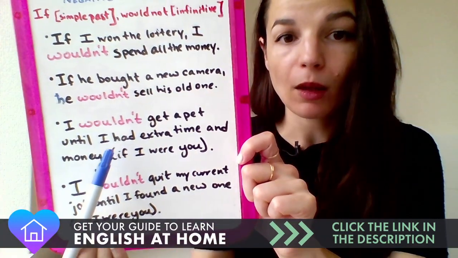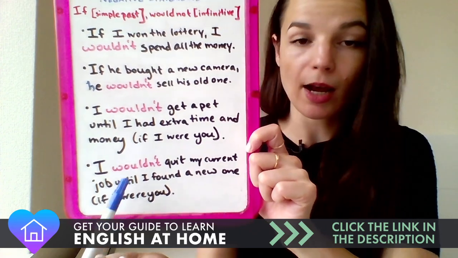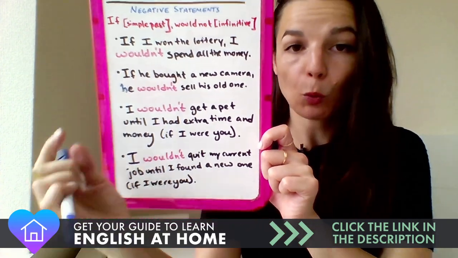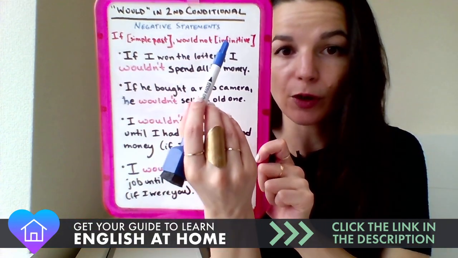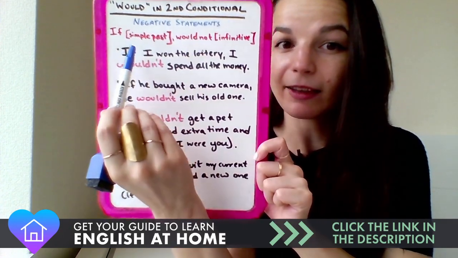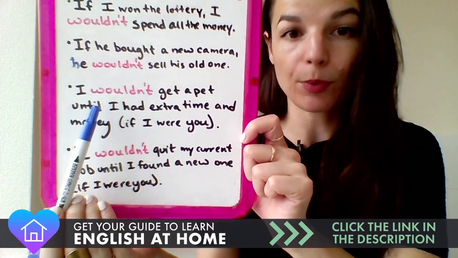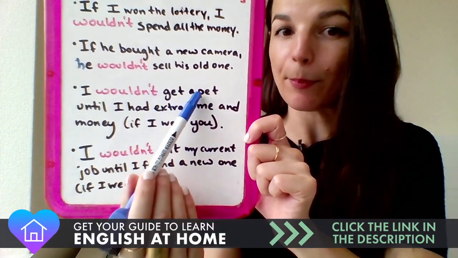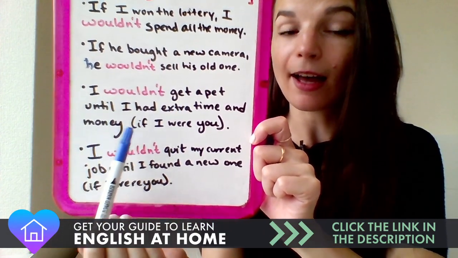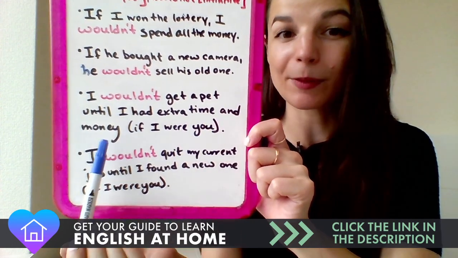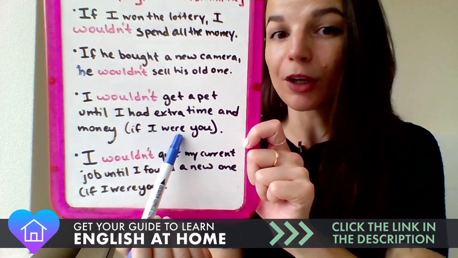So again, just as the same way as positive statements, we can swap the order. So the would part comes first and the if part comes second in our sentence. So, for example, I wouldn't get a pet until I had extra time and money, if I were you.